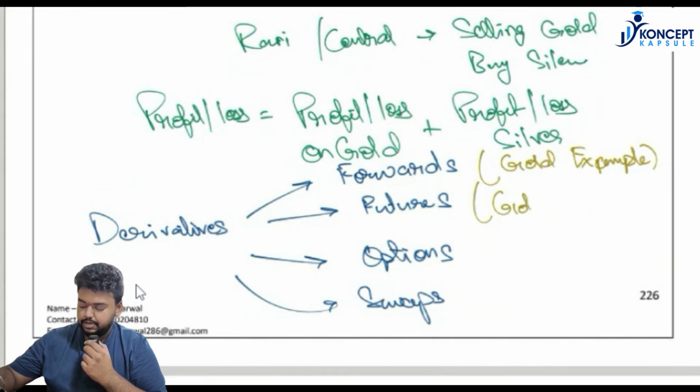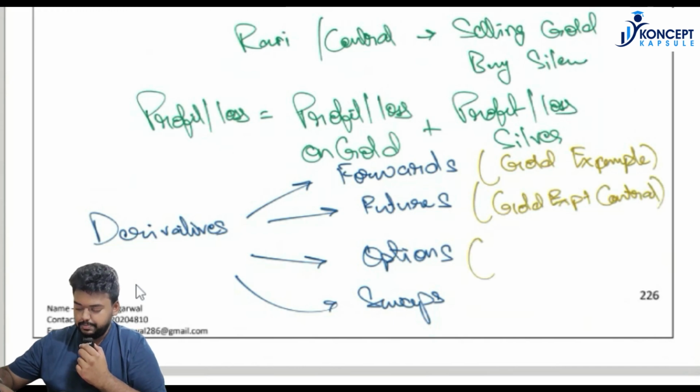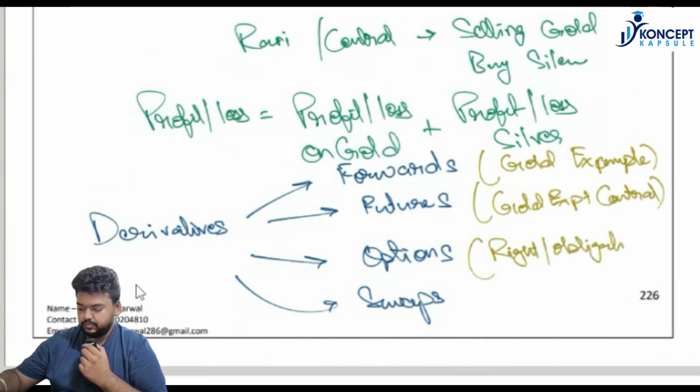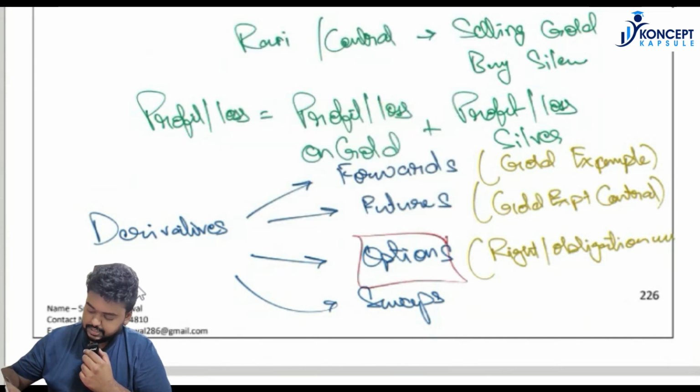So, gold example plus central authority. Okay. What are options? When one party has a right or obligation but not both. We will see it in detail. Don't worry, guys, this will be discussed in detail.